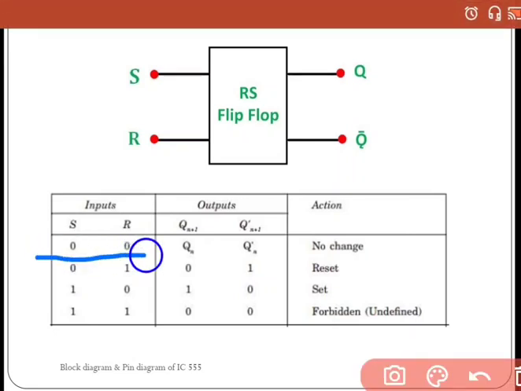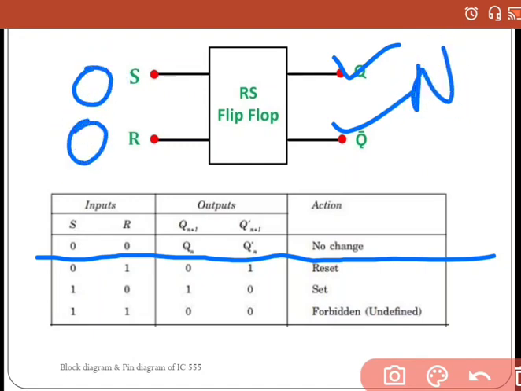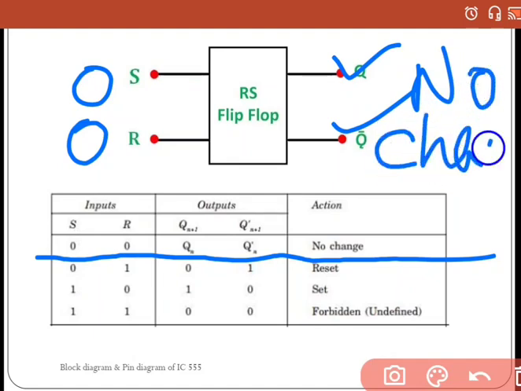If S equal to 0 and R equal to 0, then the Q pin will not change, and the Q bar will not change either. So if we put 0 here and 0 here, there is no change at the right hand side.